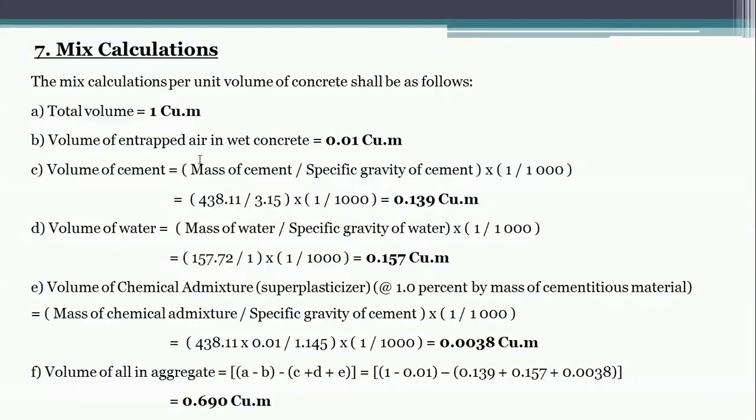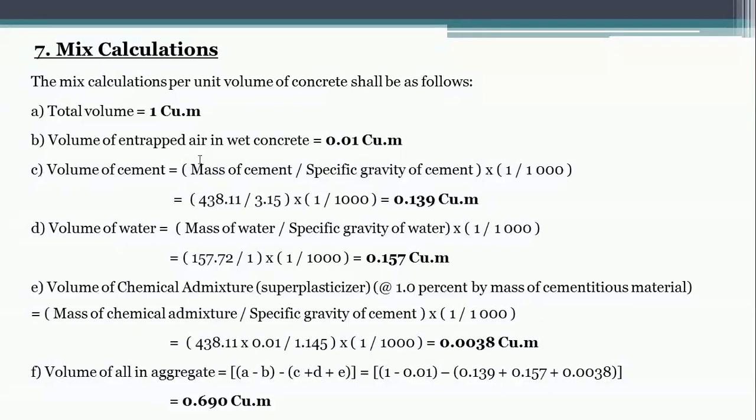Mass of chemical admixture means the dosage percentage into the mass of the cement. Mass of the cement is 438.11 into 1%, that is 0.01, divided by the specific gravity of admixture. Specific gravity of admixture is 1.145.